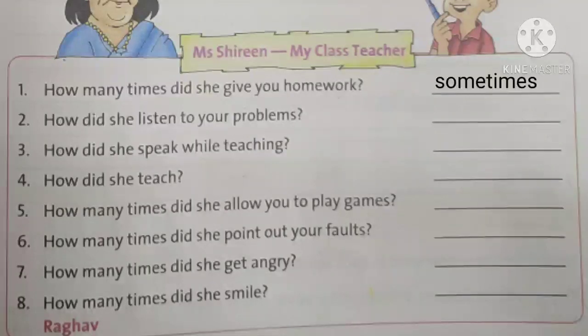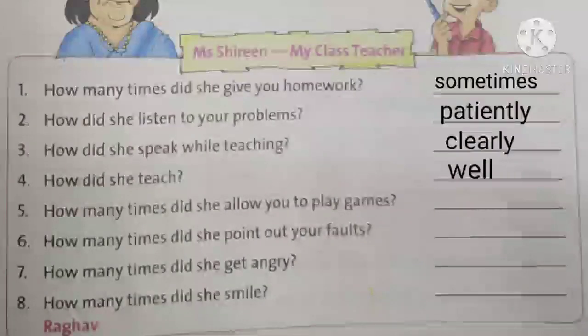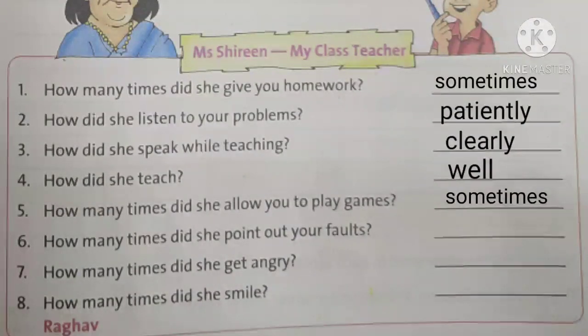So, he says that sometimes. Next question, how did she listen to your problems? Patiently. कैसे सुनती थी वो? Patiently. So how did she speak while teaching? Clearly. How did she teach? Well. How many times did she allow you to play games? Sometimes. How many times did she point out your faults?